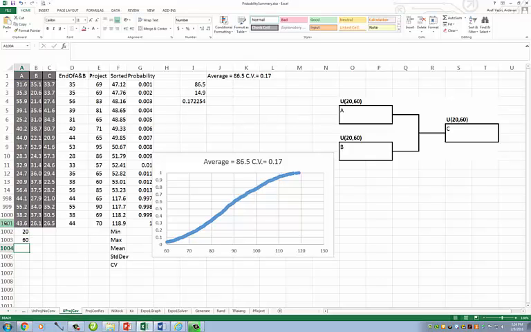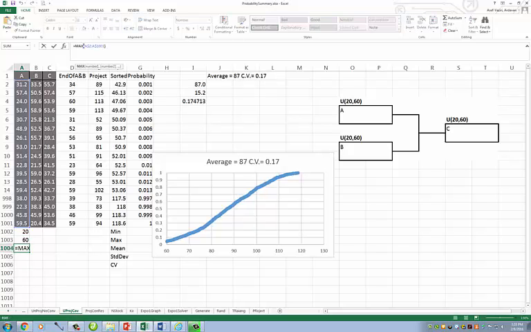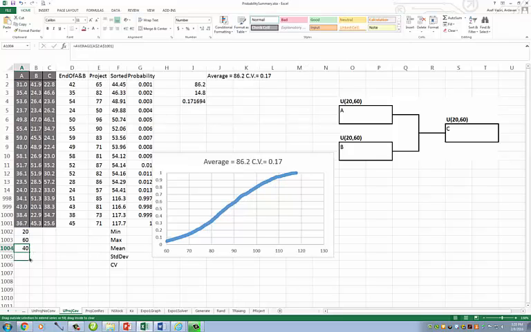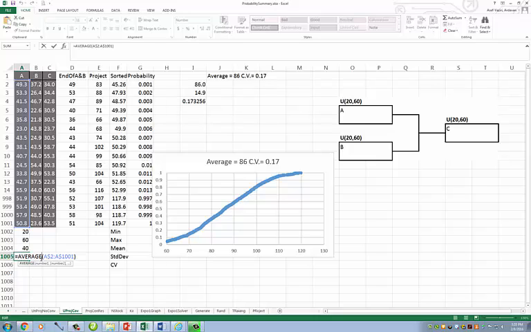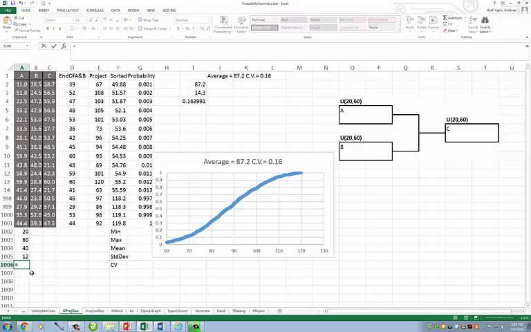And here I have average, so I again copy it down, average, and then again I copy it down and I type standard deviation of sample and then coefficient of variations.